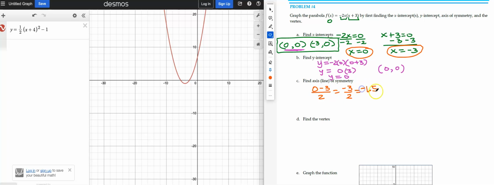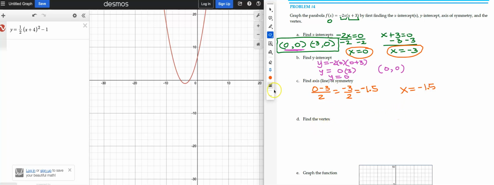But just know on your homework, you won't come out with a decimal answer because it can only move by units of 1. It's not going to move in half units or third units or anything like that. Okay, so then our line of symmetry is x equals negative 1.5.